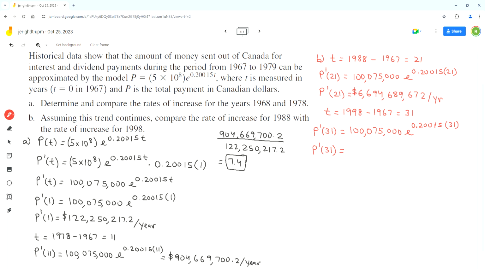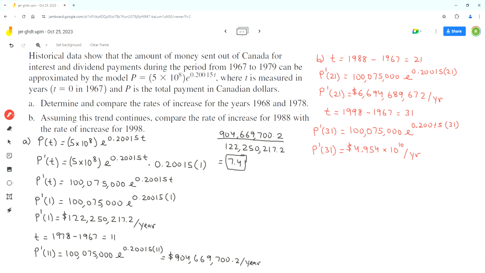So I got 4.954 times 10 to the power 10, and the unit is dollars per year. So that's the rate of increase for 1998. These are the two values that we got for 1988 and 1998.